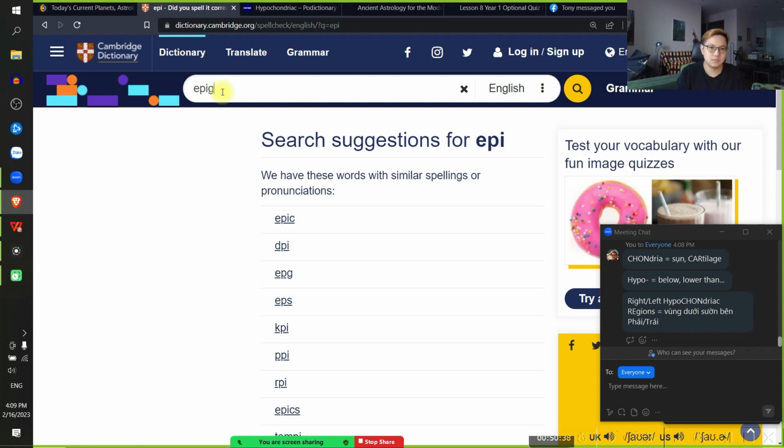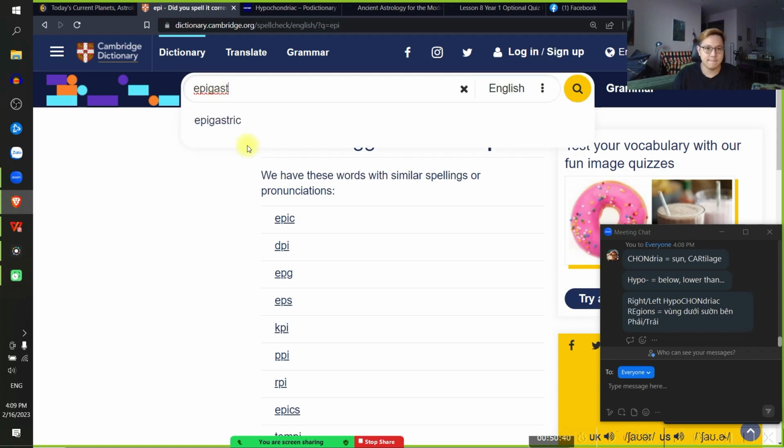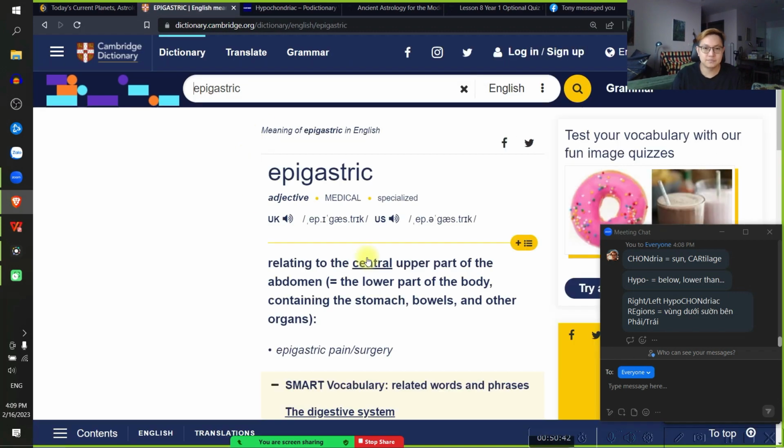Epigastric region. Central upper part of the abdomen. The word gastric means the belly. Upper, in the middle.